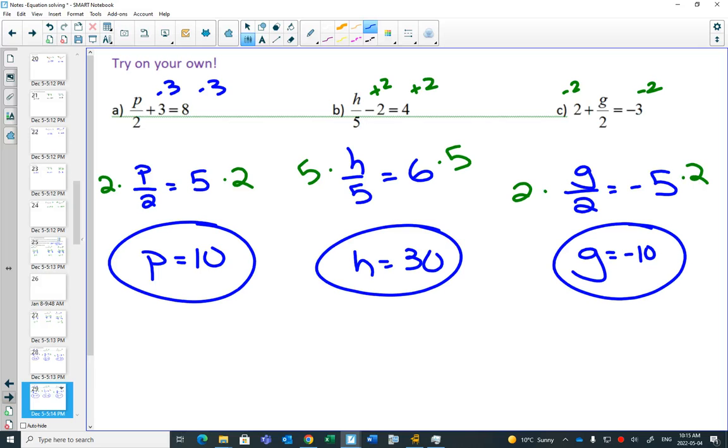Check those 3. And then, of course, once we get into the last 3 with decimals, you may want to use your calculator.